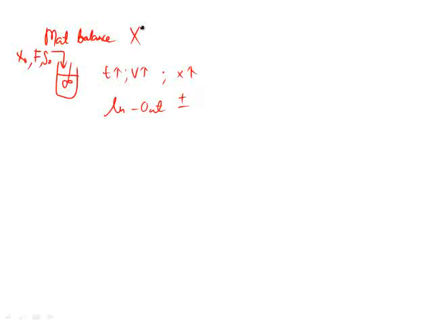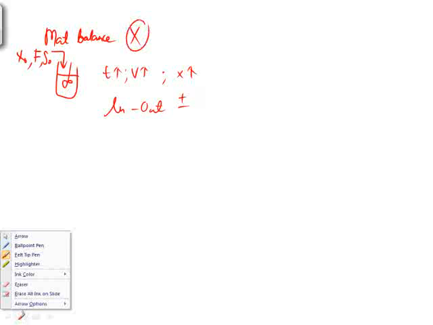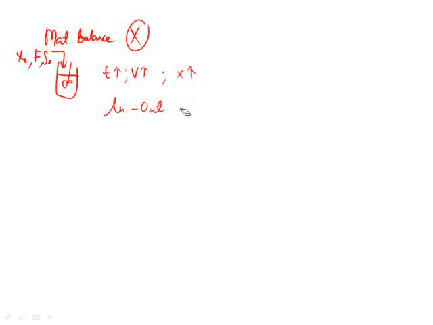We are talking about X, so should it increase or decrease? Increase. So plus what happens to the X inside, equals the accumulation based on time. The accumulation of X.